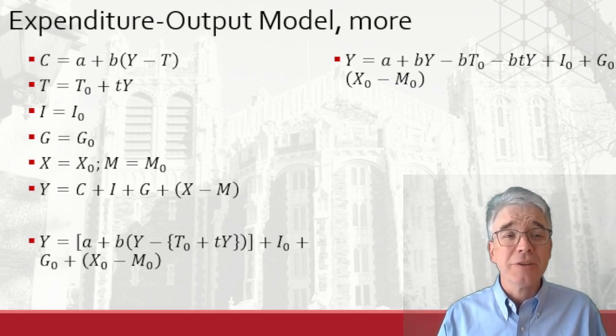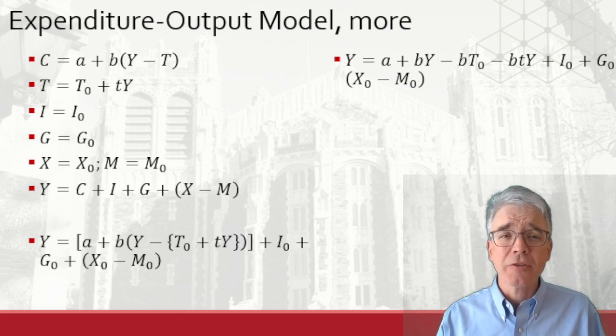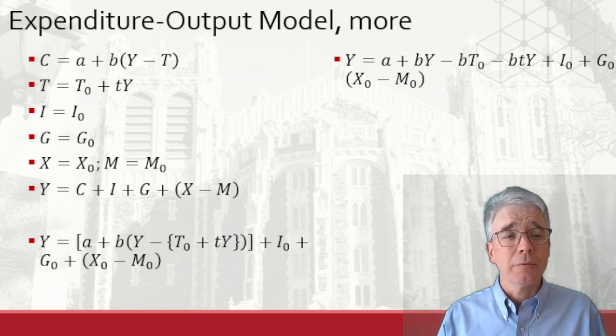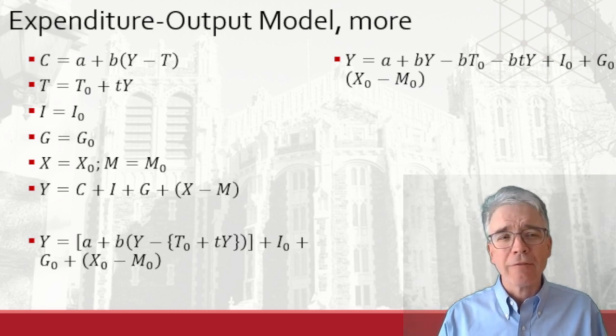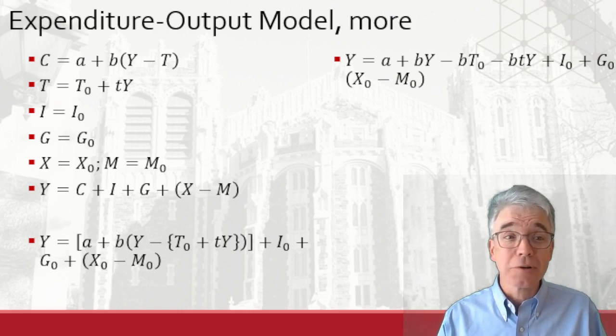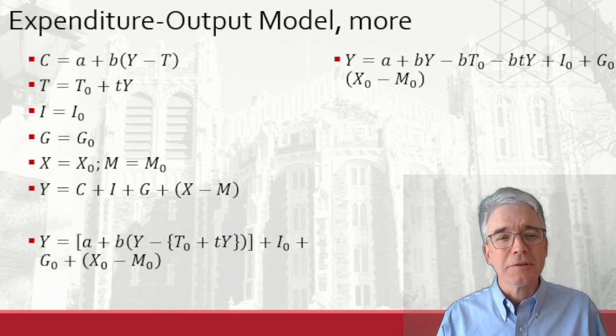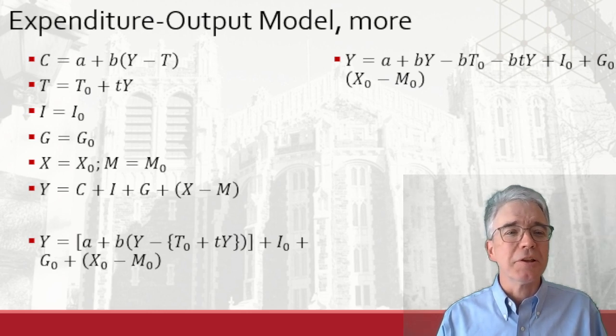So taxes are T naught, the level of autonomous taxes, plus little t times Y. Little t is the tax rate. As Y goes up, tax collected goes up as well. That's the marginal tax rate. This is an overall average for the economy. When April 15th comes up, you do your own taxes, your tax collections are a little more complicated. But this simple model will suppose it's nice and linear.